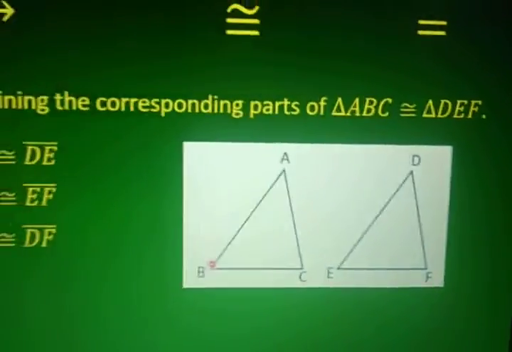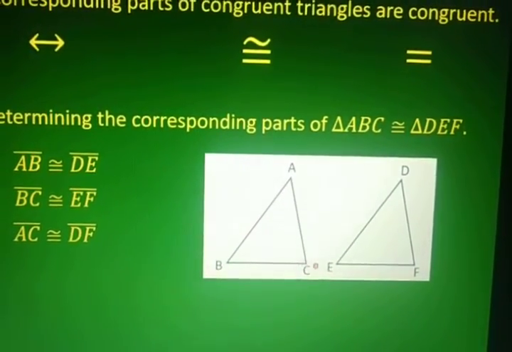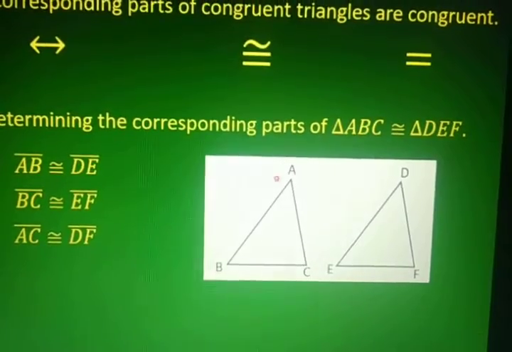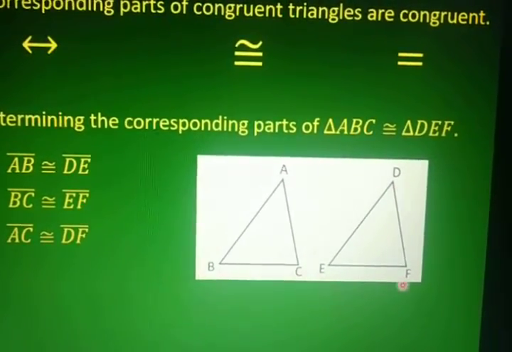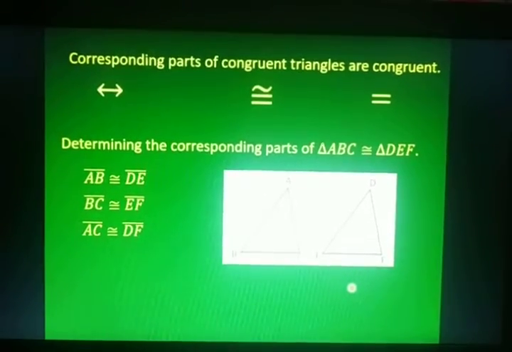Side AB corresponds to side DE, side BC to side EF, side AC to side DF. So it's easy, right? Okay, let's continue.